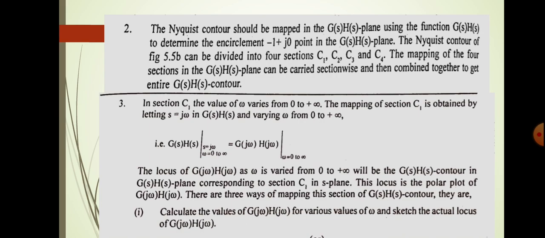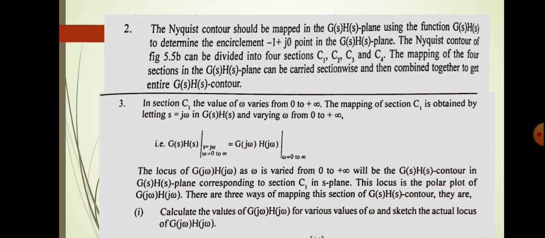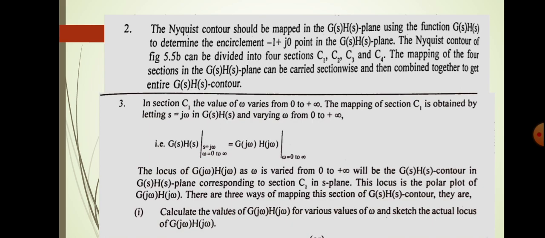So in step 3, the section C1, you can see this is C1. C1 is a linear part and its value varies from, we can say that it starts from 0 to, see here the arrow mark is from lower to upward direction, so its value varies from 0 to j omega, or 0 to plus infinity.